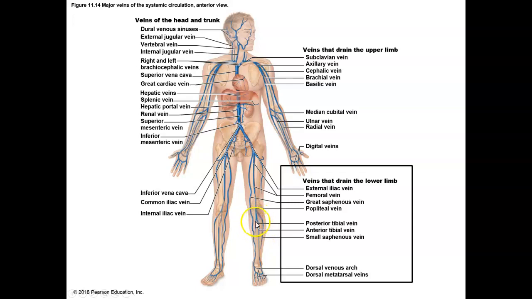These drain into the popliteal vein, which drains into the femoral vein. The femoral vein leads to the external iliac vein. Here we have the internal iliac veins. Both external and internal come together, forming the common iliac vein, which drains directly into the inferior vena cava.